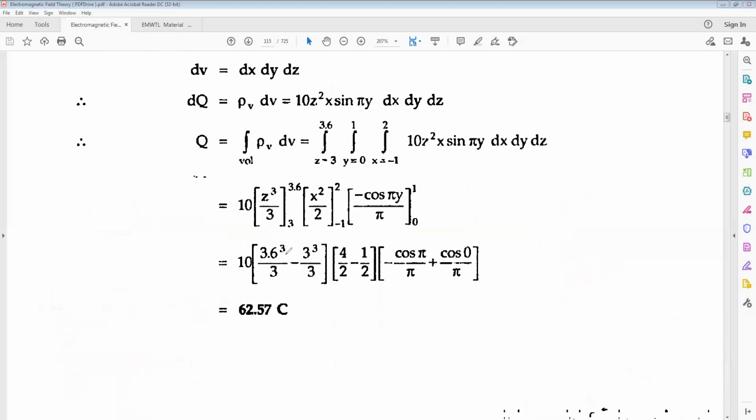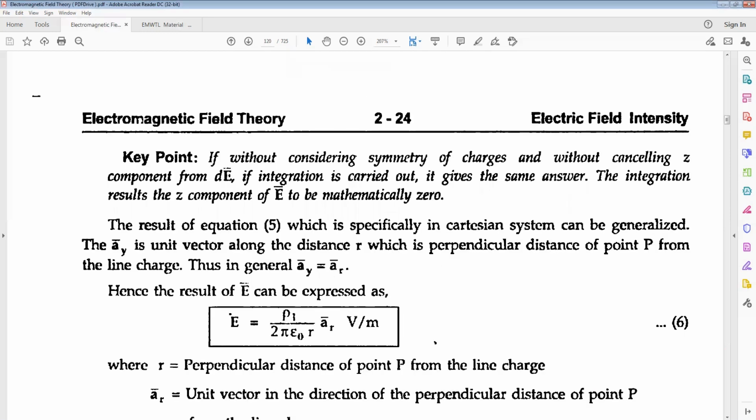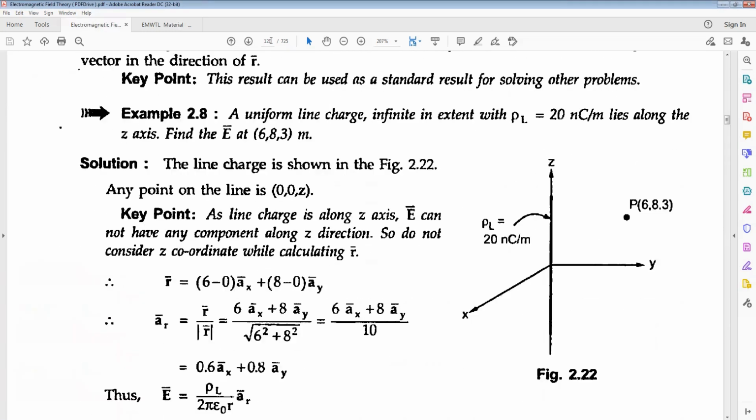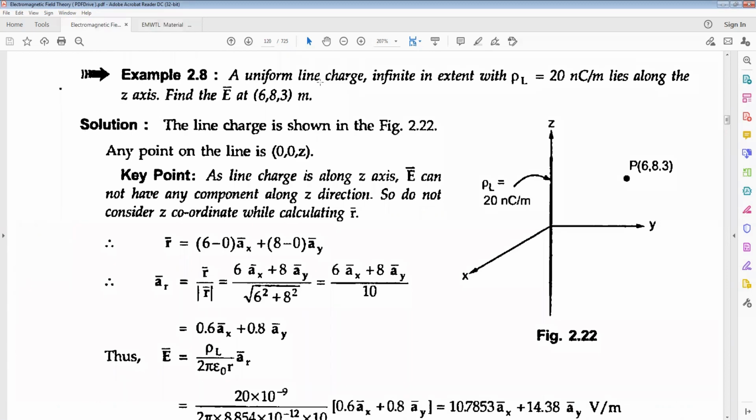The next example. A uniform line charge, infinite in extent, with the rho L equal to 20 nanocoulomb per meter, lies along the z-axis.